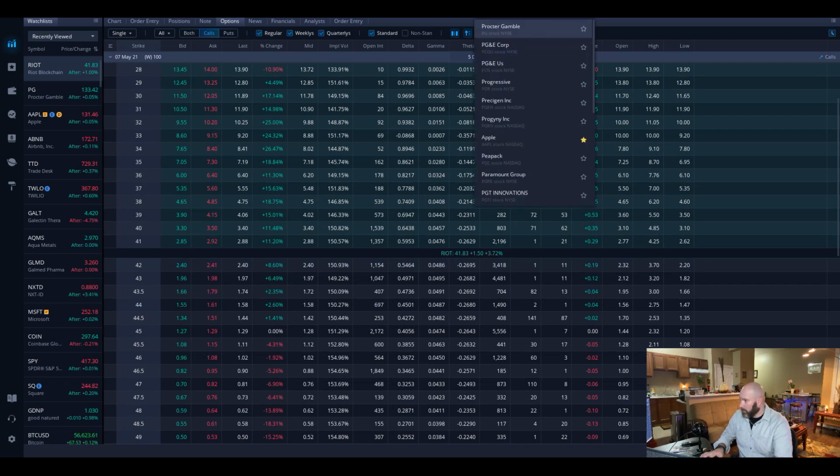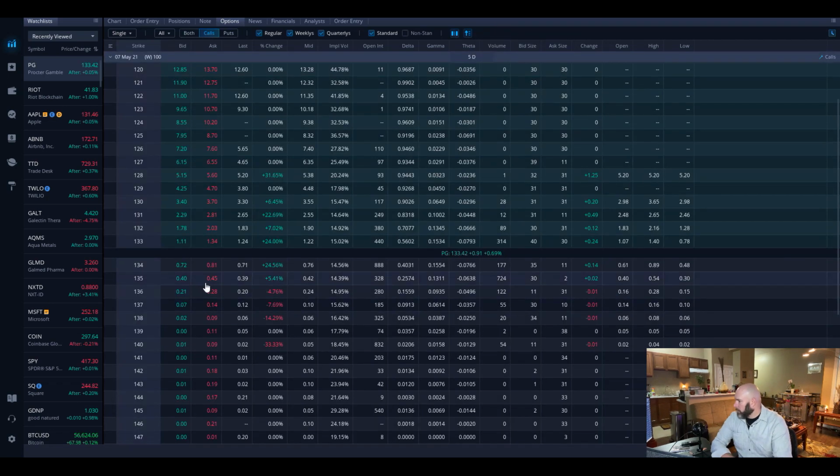Now, if you go over to Procter & Gamble, and this is a $133 stock, okay? Triple the price of Riot, and look at the options premium, $20, $7 to $14, $40 to $45, all right? The option costs that much less because of this implied volatility is that much lower, okay?